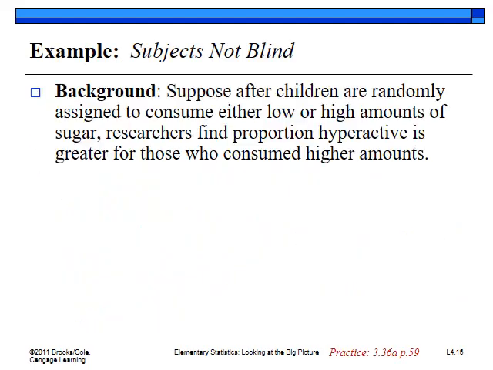Let's look at an example. Let's say we are a researcher looking at the relationship between sugar intake and hyperactivity. Suppose that after the children are randomly assigned to one of the two groups, low sugar and high sugar, researchers find that the proportion of children in the hyperactive group is greater for those who consumed higher amounts of sugar.